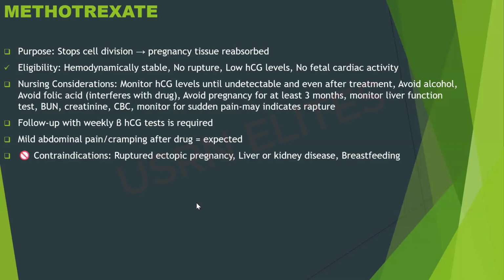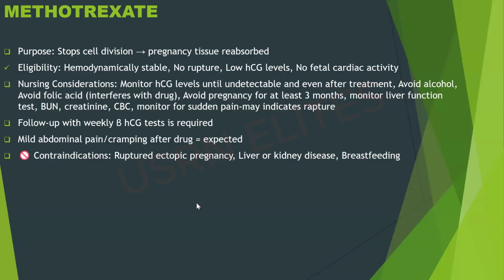I hope you understand that. So if you are given this medication, you should be monitoring what? Your HCG levels until it becomes undetectable. Like you see 0, you're not seeing any rise or any HCG there again. Please take note, because that is an indication that methotrexate is working.